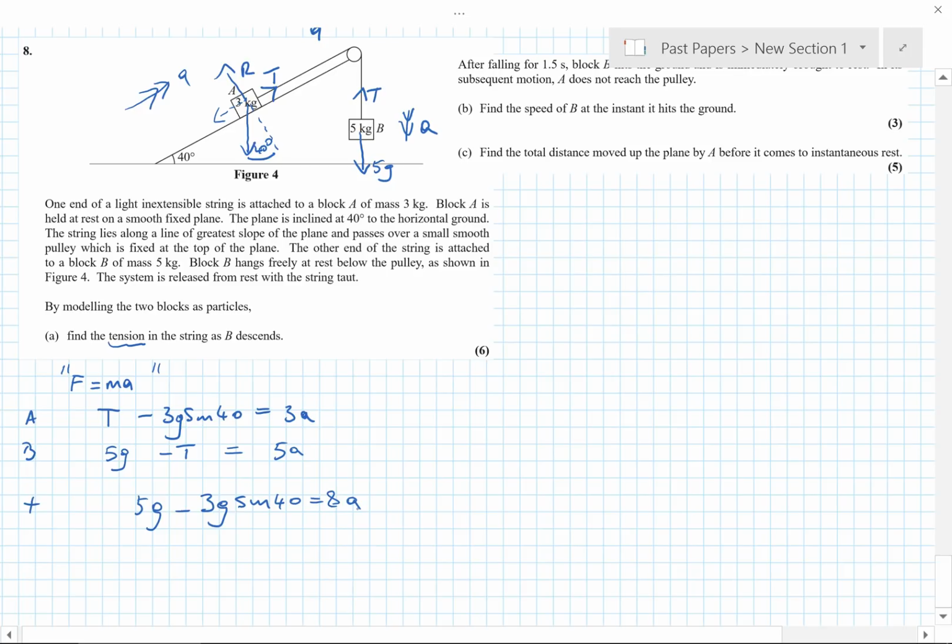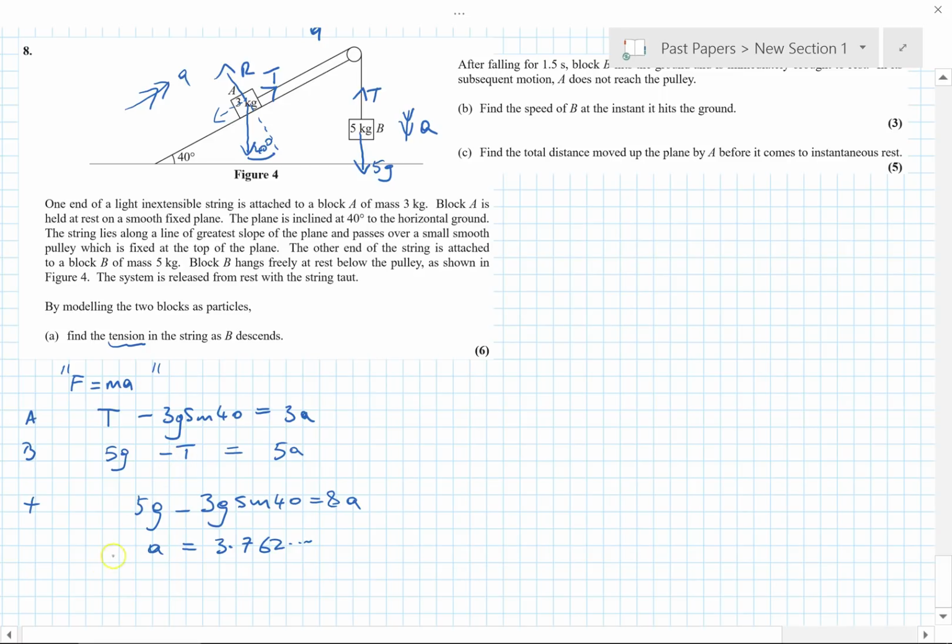And working that out, we have a is equal to 3.762 and so on, which I've stored in the calculator because you're not actually asked for that answer anywhere, but we need to use it at least once in our work, I think twice.